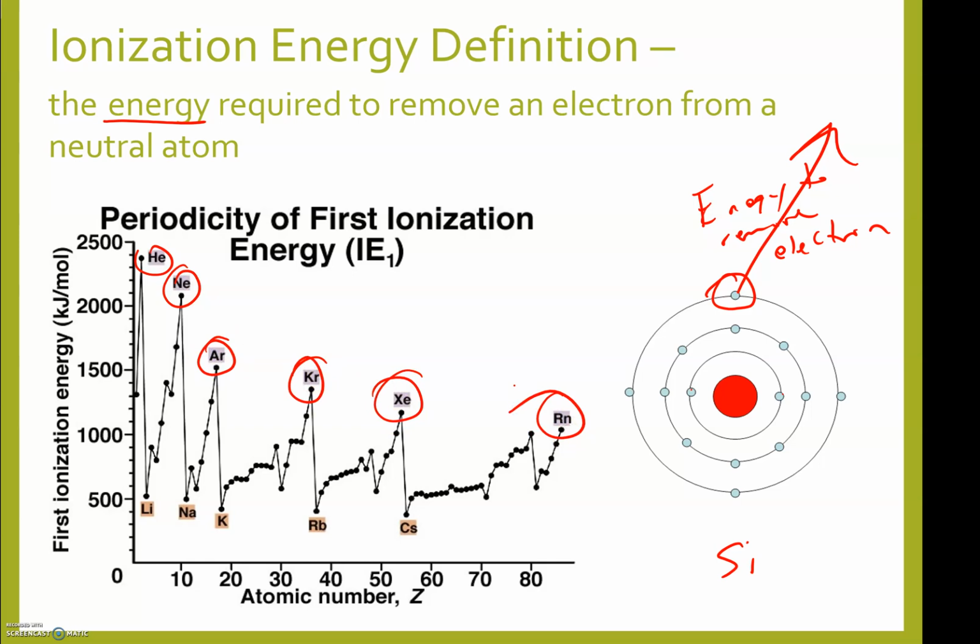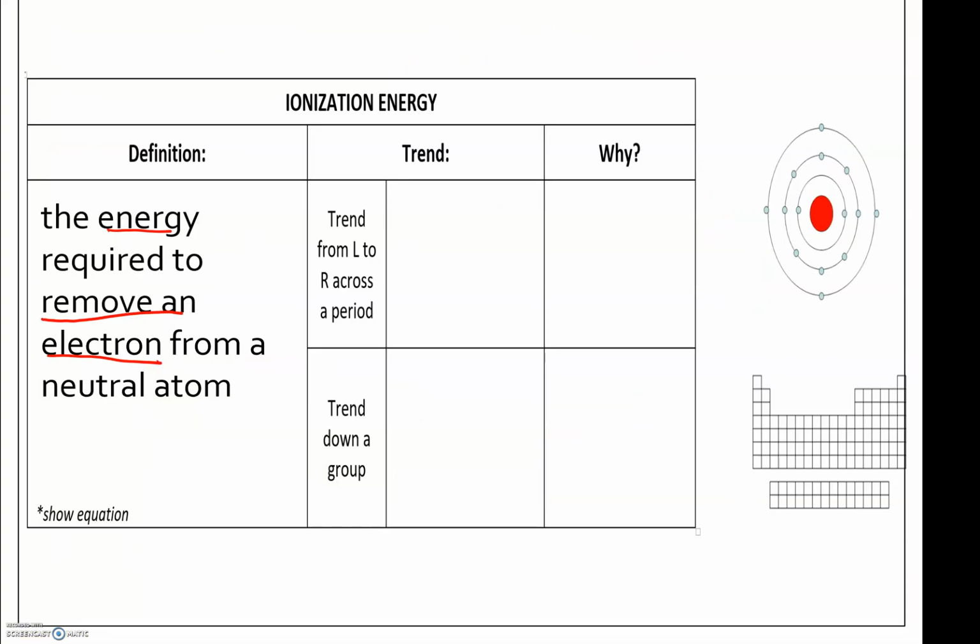Do you see a trend as you move from each noble gas? I do. I notice that the ionization energy is going down. So we could say that the trend is that it typically decreases down a group. Another way of saying that is that the ionization energy increases going up a group.